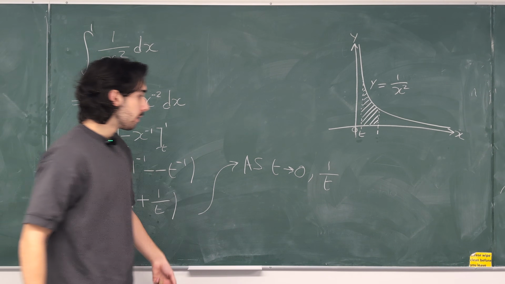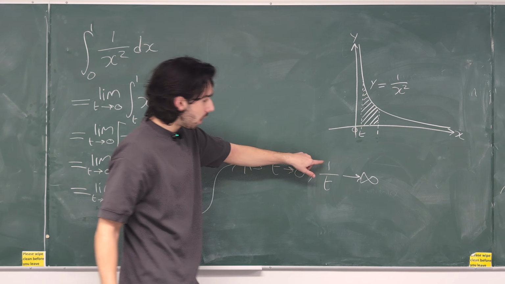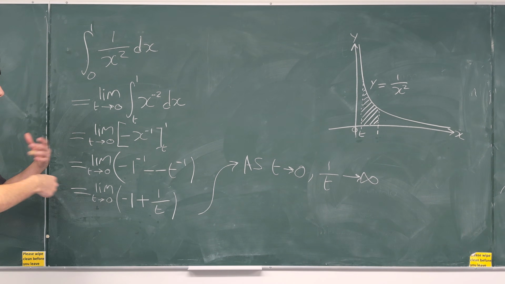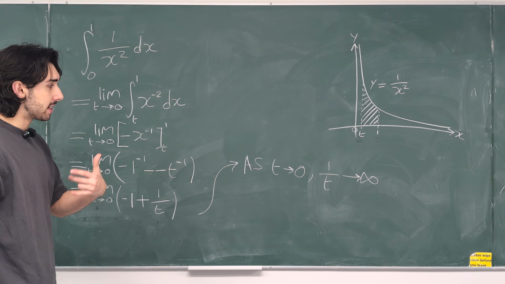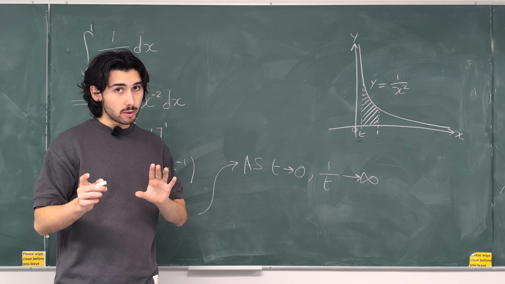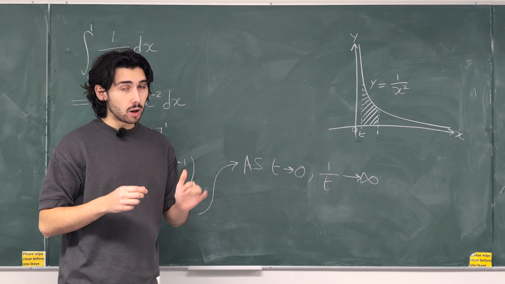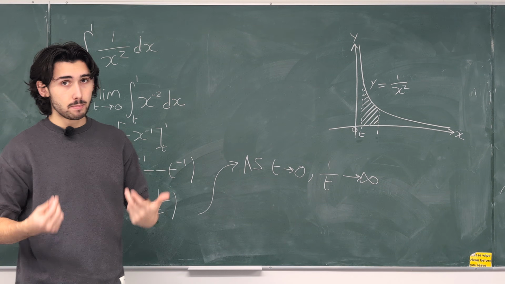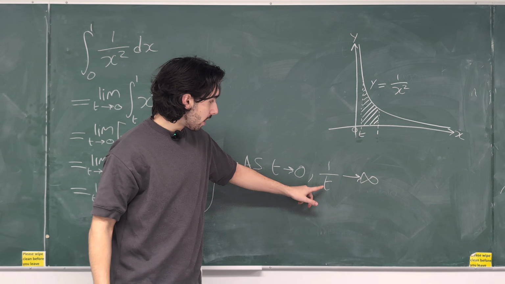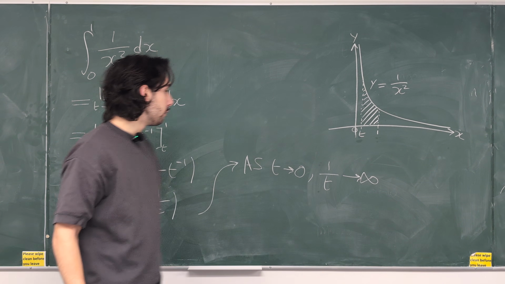That's going to approach infinity, of course, because we're doing 1 divided by a smaller and smaller number, which becomes a bigger and bigger number. 1 divided by a number that's going to 0 is going to get very big, and that's why it's infinity.